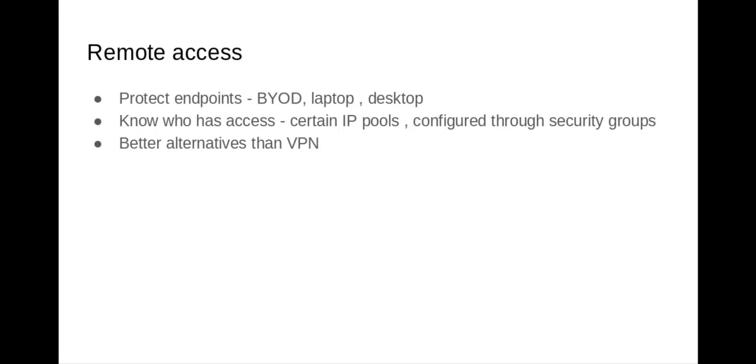Okay, so with remote access, you want to be protecting your endpoints. So protecting the devices, and having policies in place to allow that access to be visible. So you need to know who has access to a remote system, who has access to your remote servers, or your remote access servers. So it can be restricted by IP pools, or it can be configured through security groups.